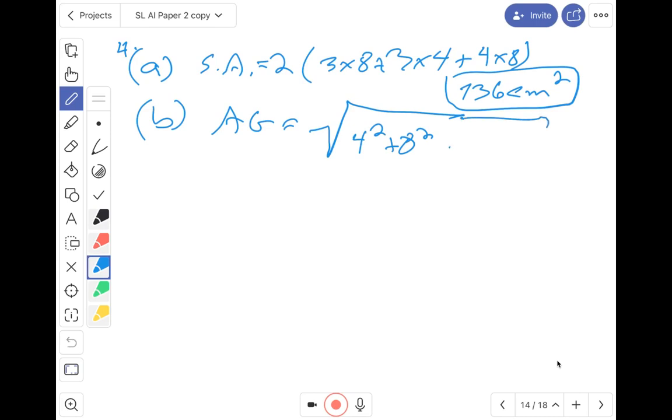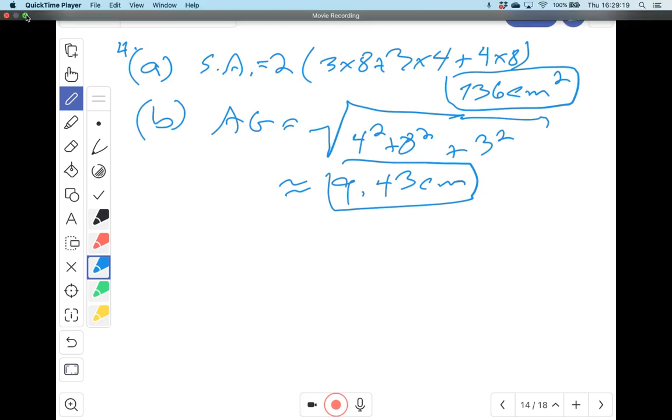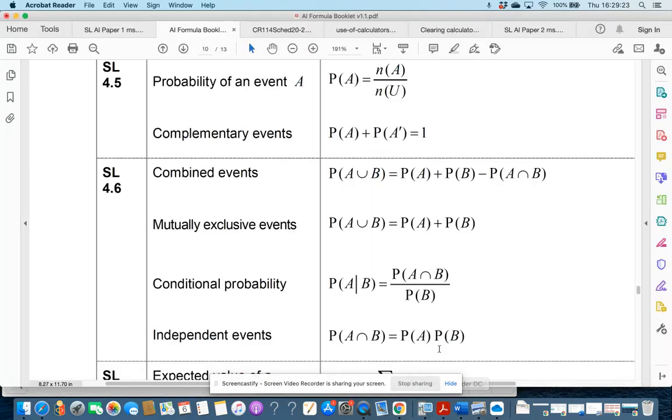So I'm just going to leave that for 3-dimensional Pythagoras. I just add in the height here, 3D, and I get a diagonal of approximately 9.43 centimeters, not to be used later in this question. They just had to throw in a little bit of geometry there.